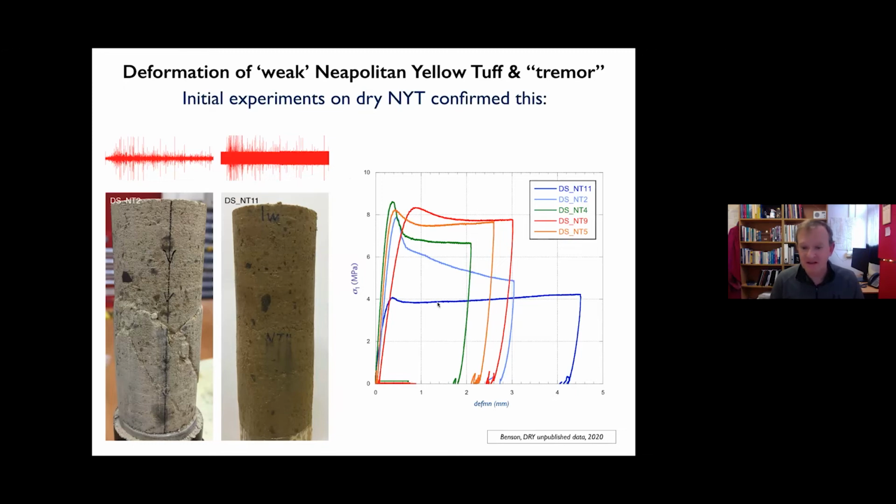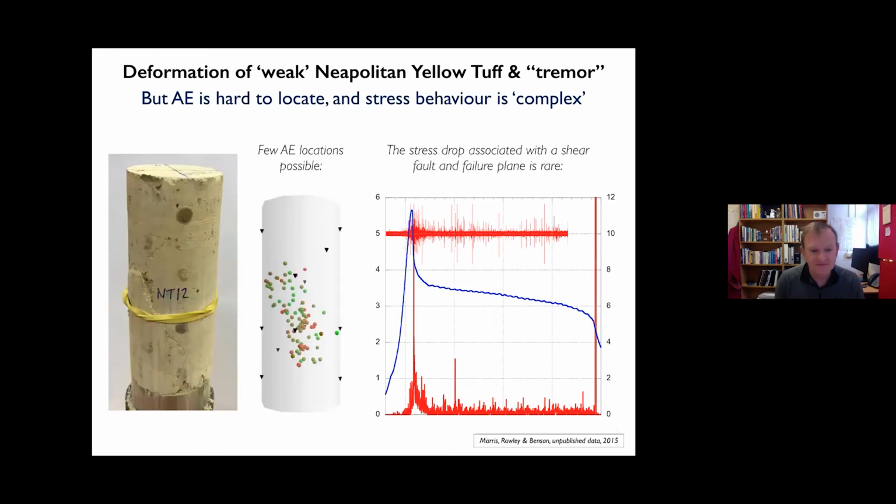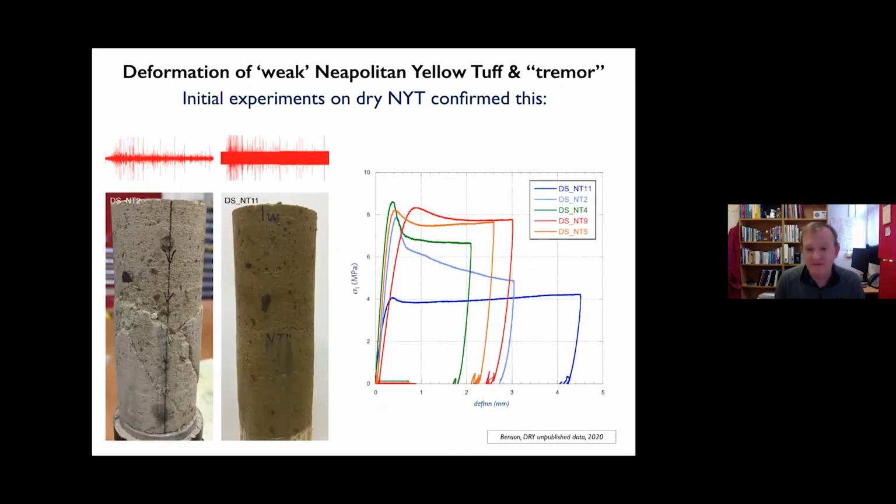And on the right hand side, here's a sequence of experiments, all showing the same kind of trend, maximum strength around 8 megapascals, and with the character very, very similar, almost identical to the type of material that Chris Bean's model required to generate low frequency data. So far it's a good candidate material, and this is the one that we then used to generate some data.